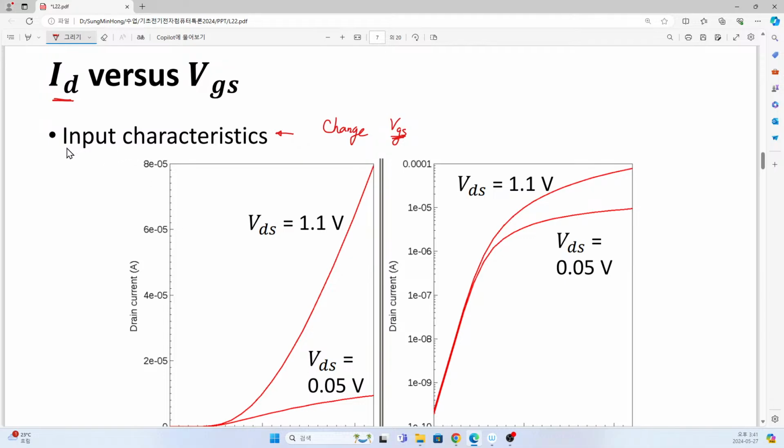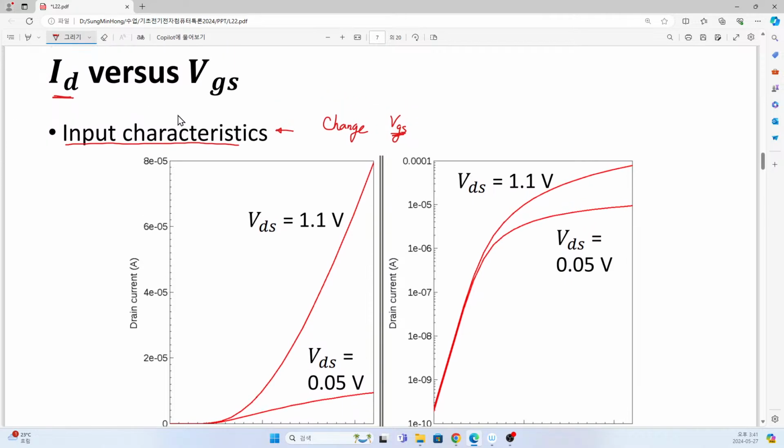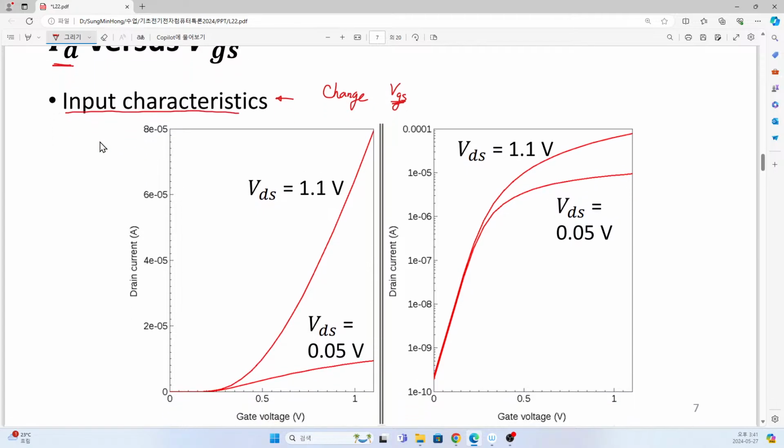Although we say input characteristics, we are not observing, for example, IG. Eventually, we don't have this quantity in this case because we consider quite a good gate oxide. This is a good insulator.